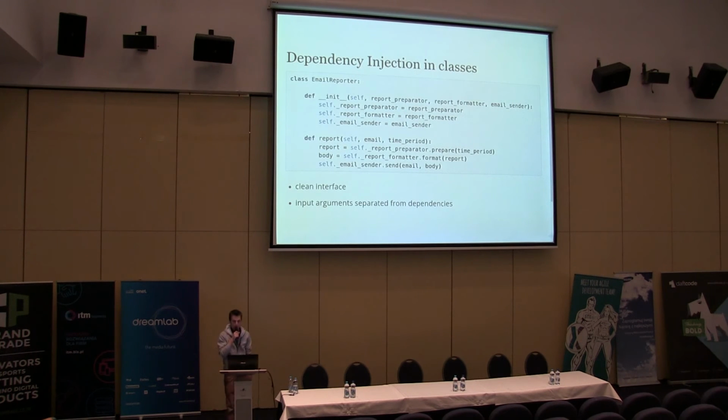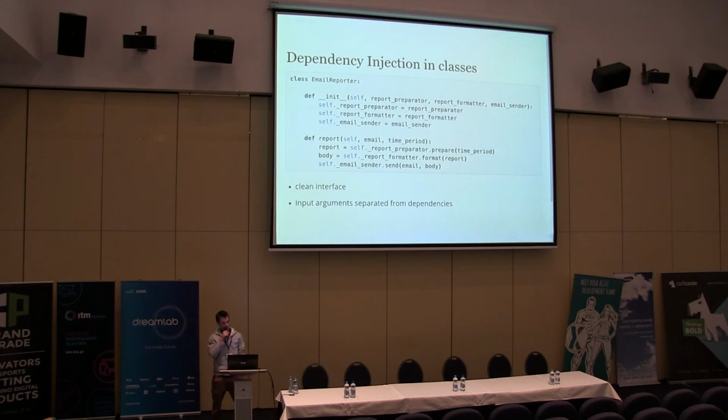And here's how dependency injection looks in classes. The method of this class looks almost the same as our function before we started injecting dependencies. It has the same two arguments, email and time period. We have the same logic, also 3 lines of code for each step of the procedure.